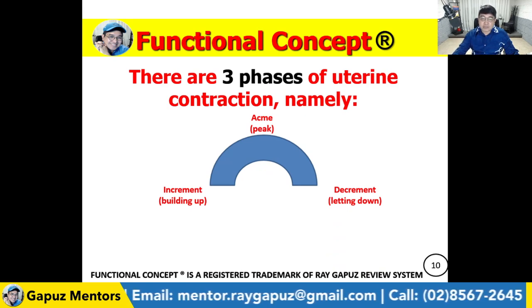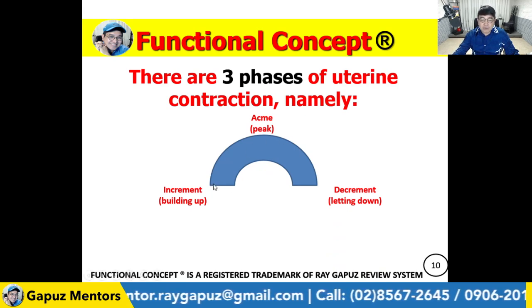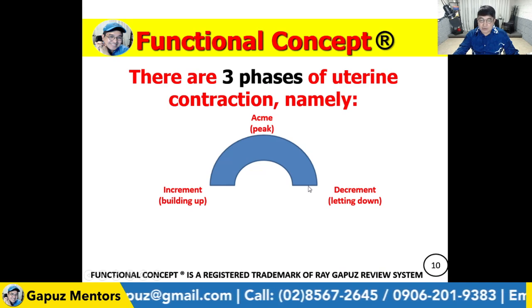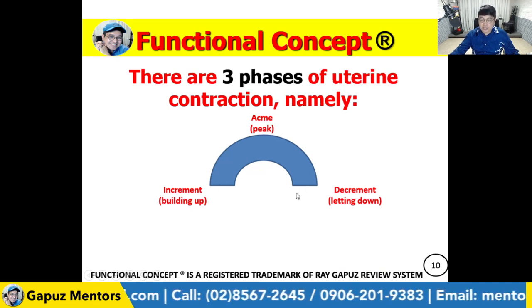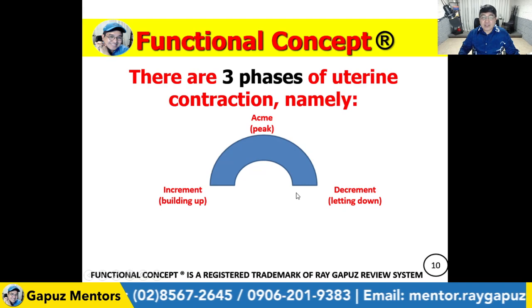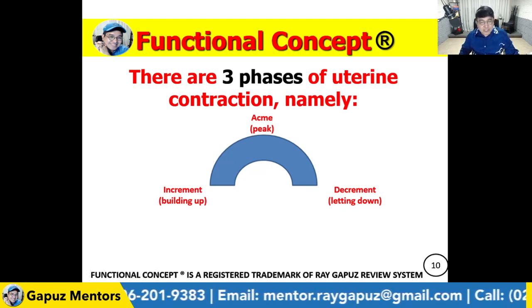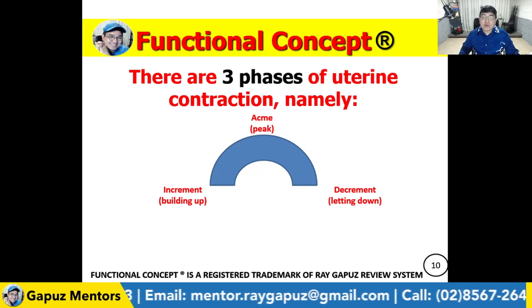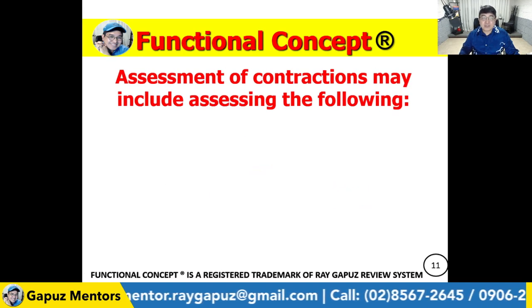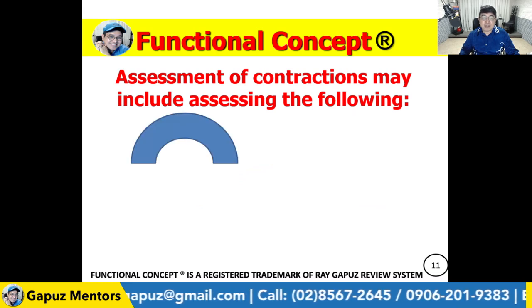The distance from the increment of one contraction to the decrement of the same contraction is the duration. Therefore, to understand the definitions of duration, interval, and frequency, we need to draw 2 uterine contractions. Assessment of contractions may include assessing the following.